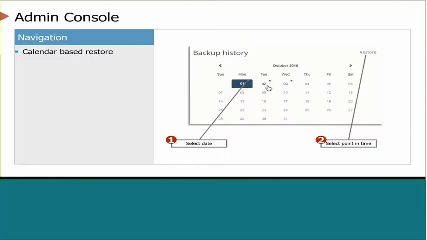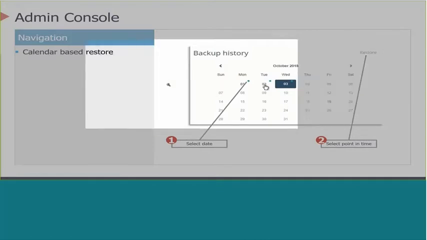All right, a couple other things that are helpful in regards to making things quicker and easier is the ability to do a recovery a little bit quicker by providing a calendar-based restore view to locate the point in time that you want to do a recovery from. So you'll see this on the virtual server agent, for example.